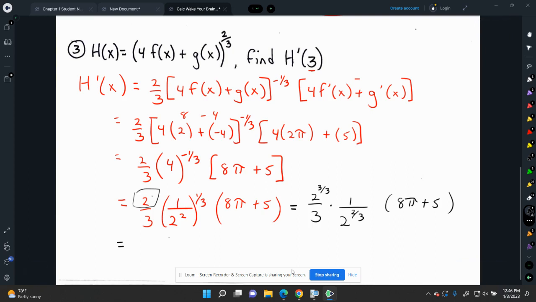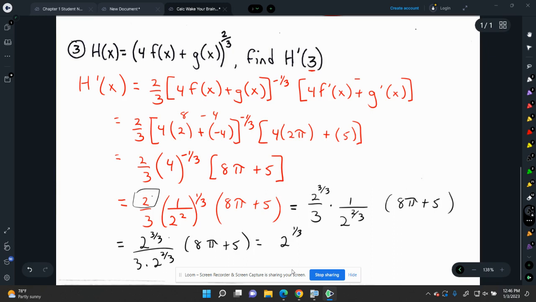So this becomes 2 to the 3/3 over 3 times 2 to the 2/3 times 8 pi plus 5. So 3/3 minus 2/3, so I get 2 to the 1/3 over 3 times 8 pi plus 5. And I'm going to leave my answer like that.